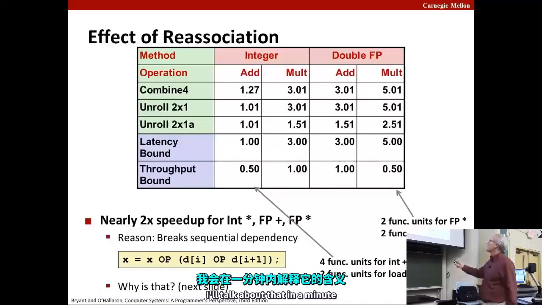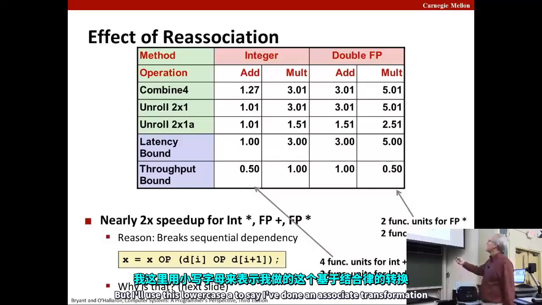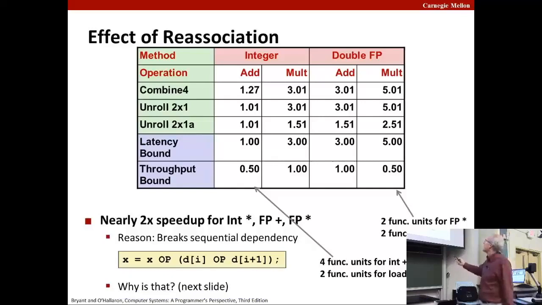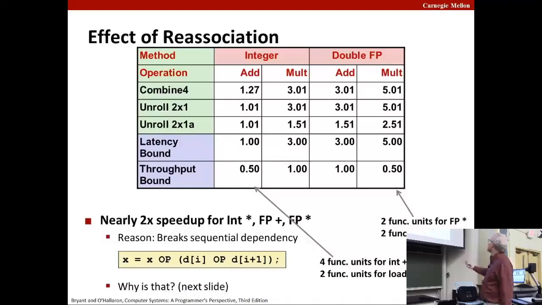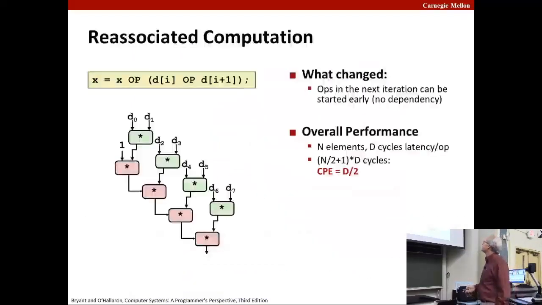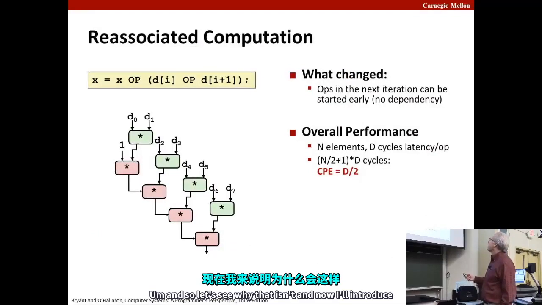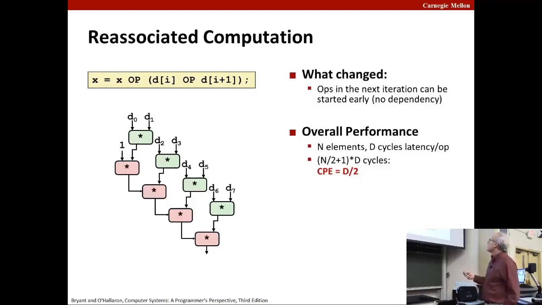I'll talk about that in a minute, but I'll use this lowercase a to say I've done an associativity transformation. And you see, all of a sudden, my time has dropped in half for these 3 cases. So something's going on, and let's see why that is.